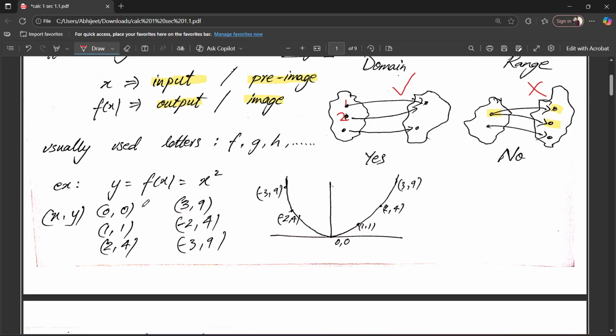Let's look at an example. y equals f of x equals x squared. Now let's throw in different values. When x is 0, y is 0 squared, which is just 0. When x is 1, y is 1. When x is 2, y is 2 squared, which is 4. When x is 3, y is 9. When x is minus 2, y is minus 2 squared, which is still 4.